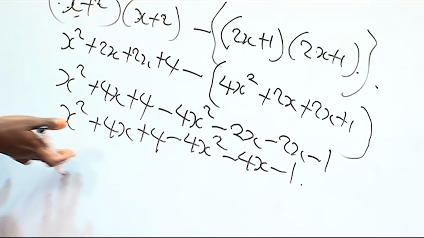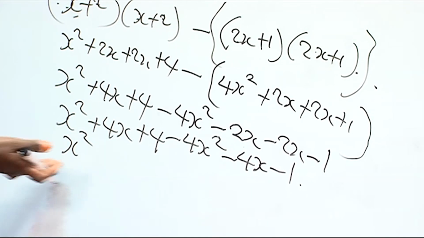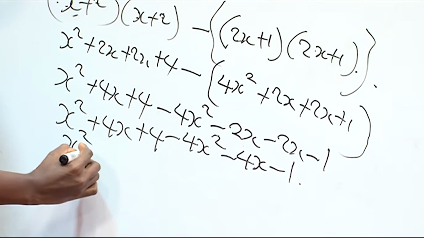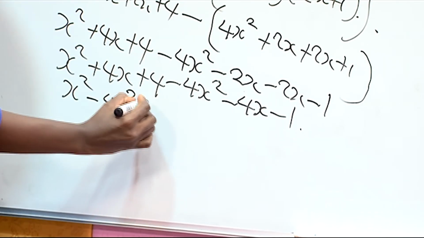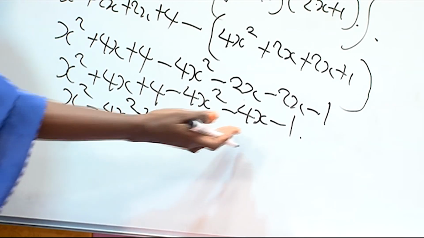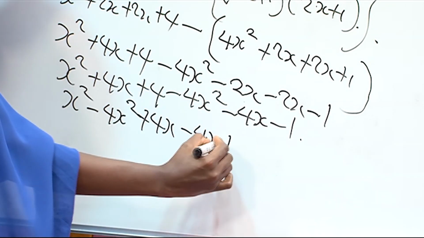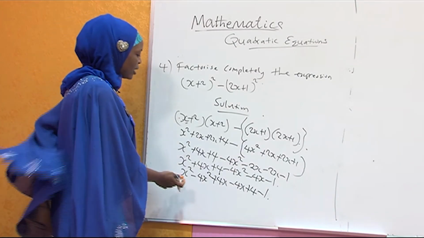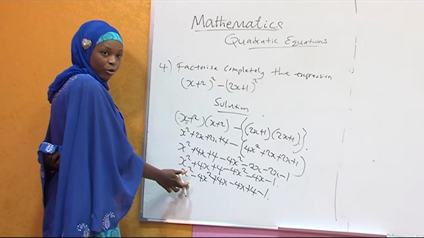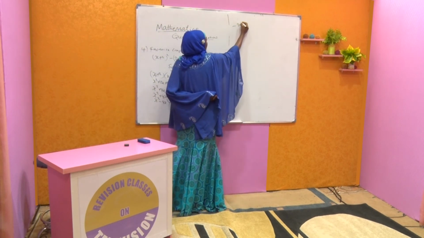We can collect like terms from here, which is x squared. Which one has x squared again? The minus 4x squared. Then I have plus 4x, and this other one is minus 4x. Then we have plus 4 and minus 1. We have collected like terms. Now x squared minus 4x squared gives minus 3x squared.